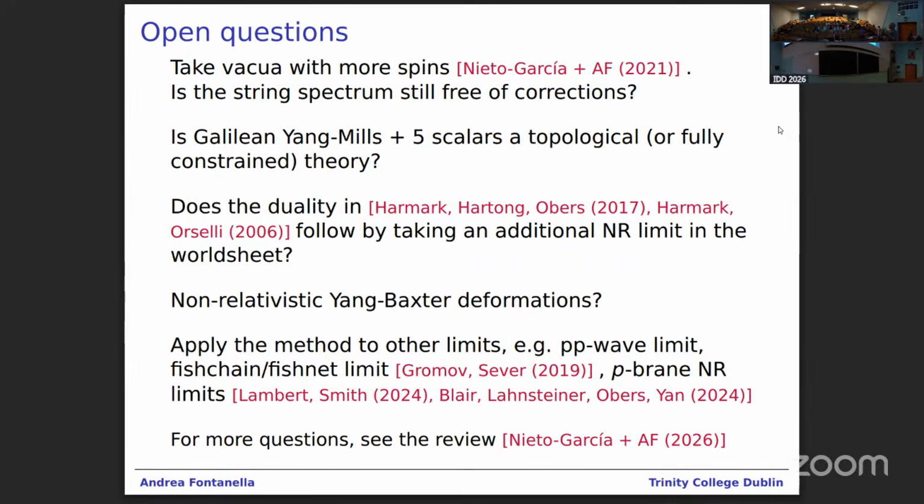But what is the dual scaling dimension? We are not there yet. But as I said, we are working on it, and one possibility is that this Galilean Yang-Mills is a topological theory, fully constrained because we have a lot of constraints, so there will be no Feynman diagrams contributing on top of the classical scaling dimension. So maybe the analogy with the pp-wave? Exactly. Thank you.